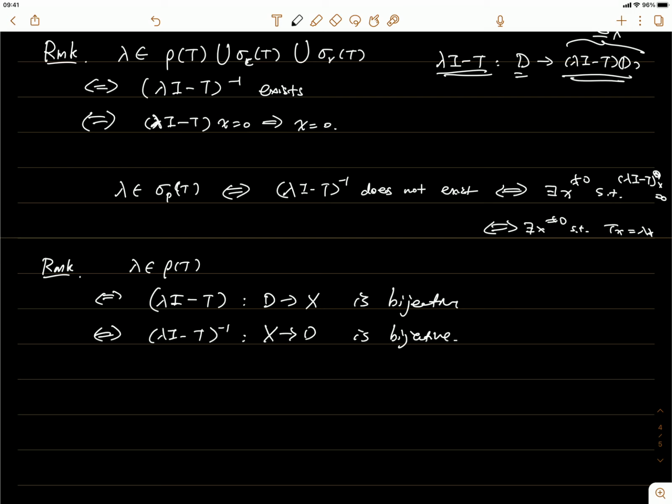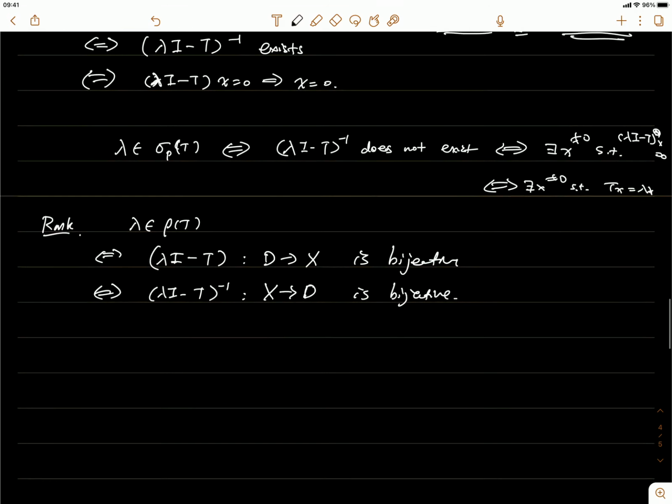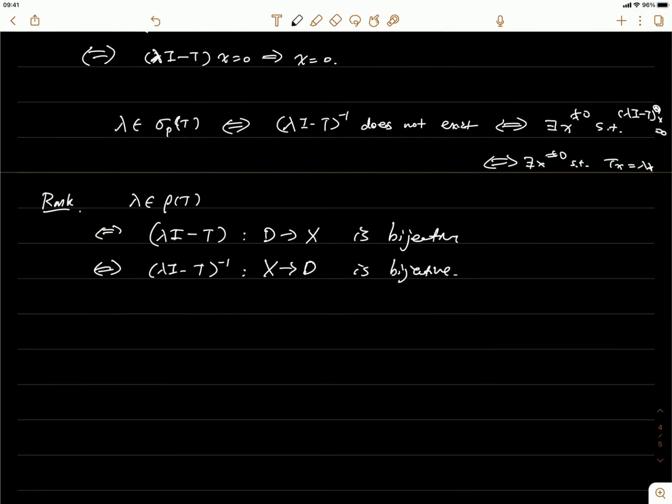Remember that we can still have D as a proper subset of X and make this a bijection, because in the infinite dimensional case, this is still possible. For example, you can make a one-to-one correspondence between all the natural numbers and all the even numbers. Although the even numbers are a proper subset of the natural numbers, we can still establish this one-to-one correspondence, or bijection.